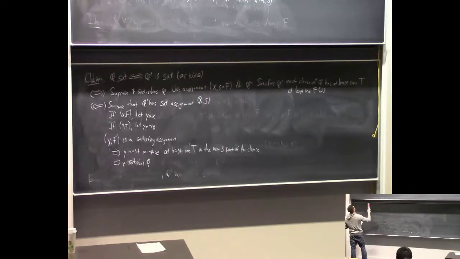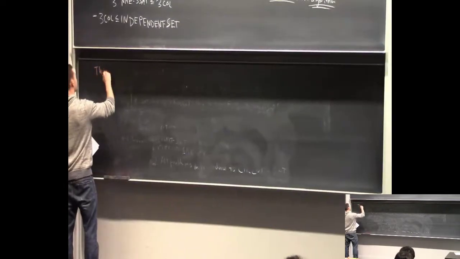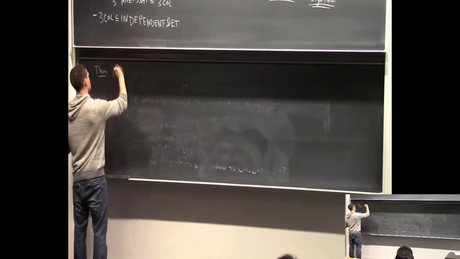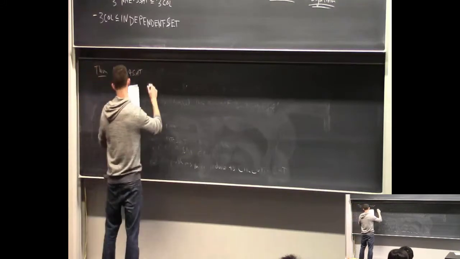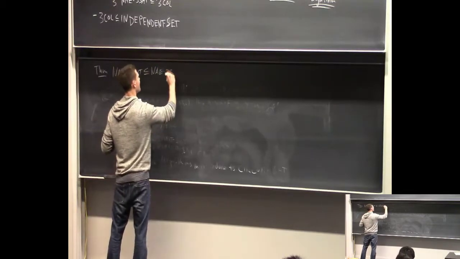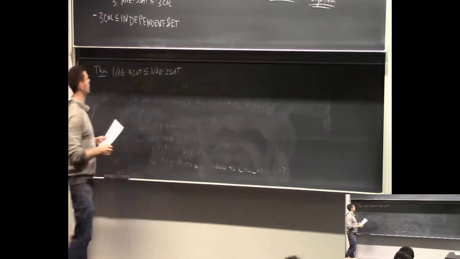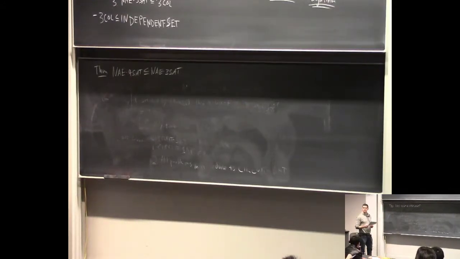So now, step 2b, you might say, is the following theorem: NAE-4-SAT reduces to NAE-3-SAT. So once we've shown this, we've shown point 2.